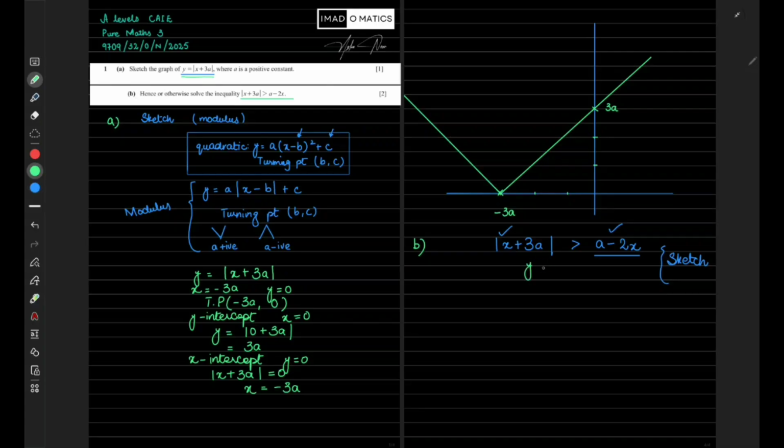So what we have is y equals minus 2x plus a. The a represents the intercept, and minus 2x means there is a negative gradient of minus 2. So any line passing through a with a gradient of minus 2.